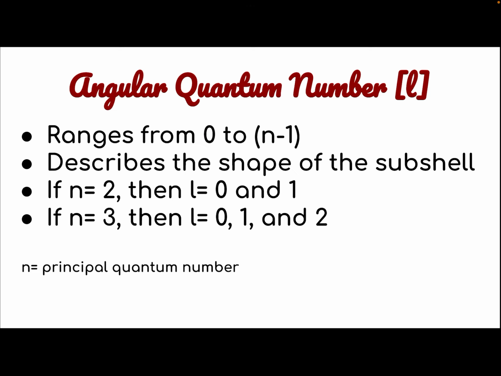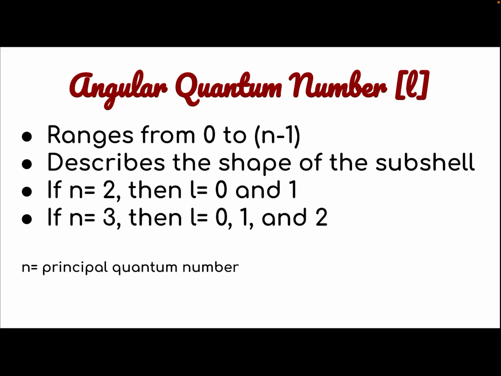Next, angular quantum number, letter L. The value of the angular number ranges from 0 to n minus 1. So, mula 0 hanggang principal number minus 1. Bawasan mo ng isa. This angular number describes the shape of the subshell. Ano ibig sabihin nun? So, kunyari, if your n is 2, ibig sabihin your principal number is 2.